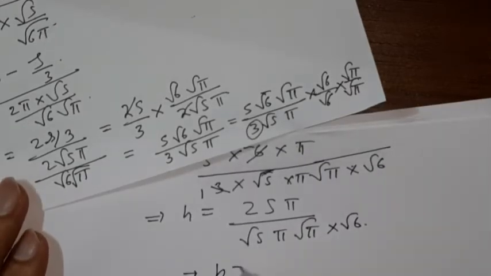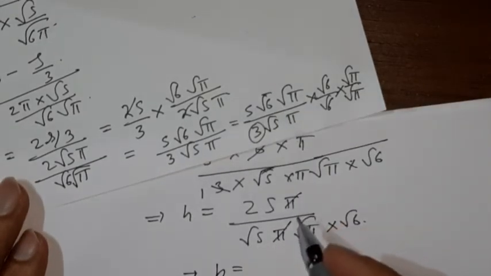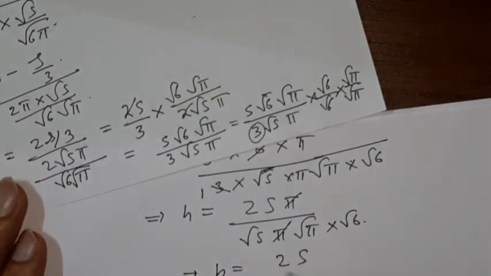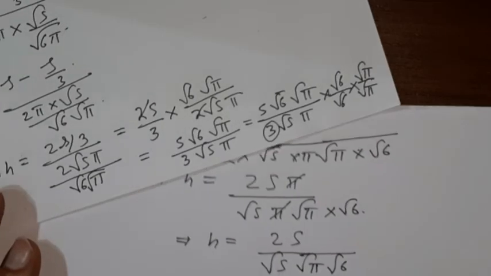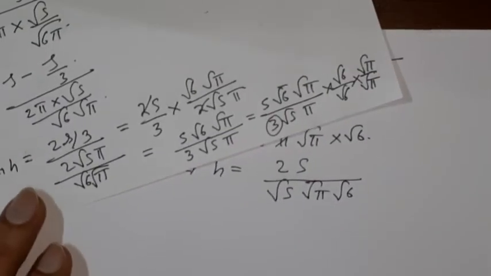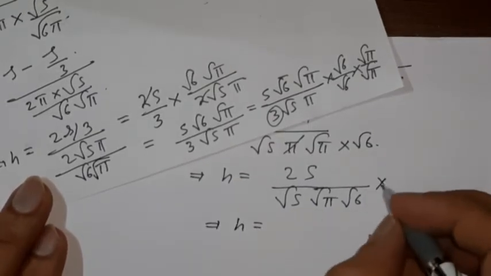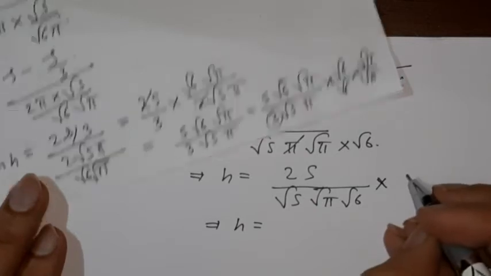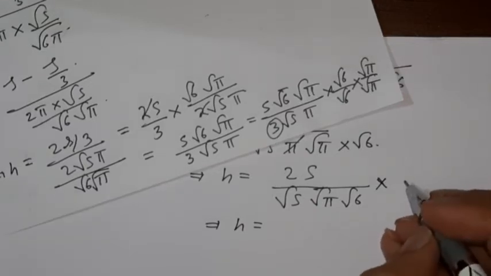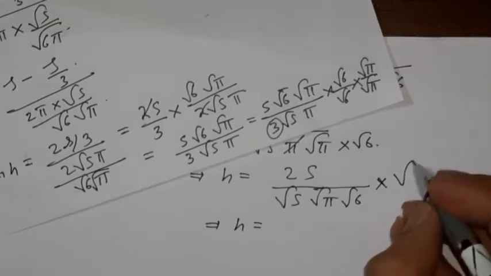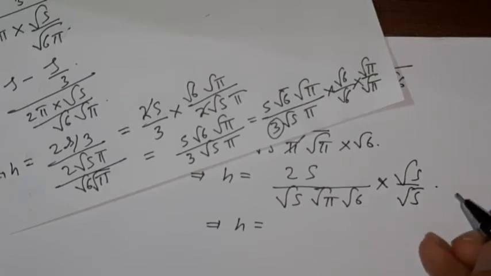So that implies what? See, pi and pi get cancelled. So 2s divided by root of s multiplied by root of pi multiplied by root of 6. Alright, so this is what we have. So that implies, see this, we can multiply and divide by root s, right?